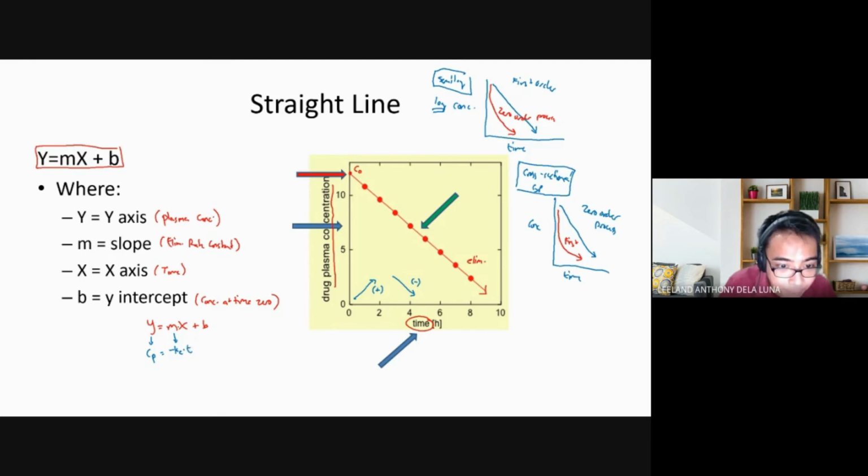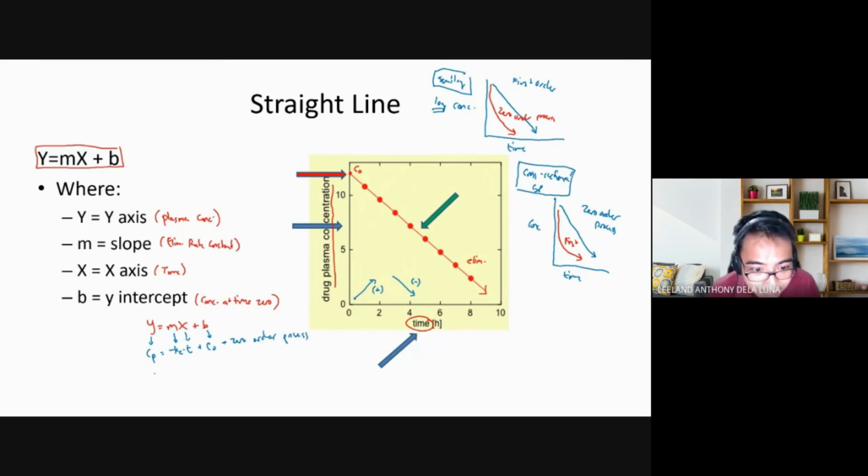Okay, so that's multiply. So plus, what's b? B refers to C sub 0, or the concentration at 0 time. So just so you know class, this is already the formula for zero order process. Okay?